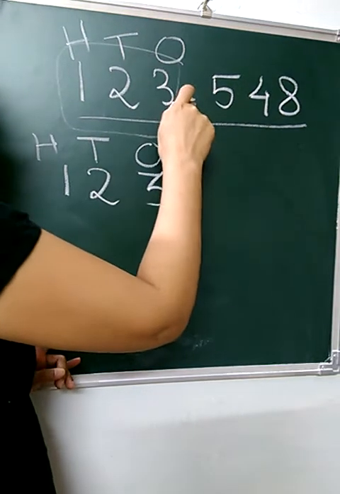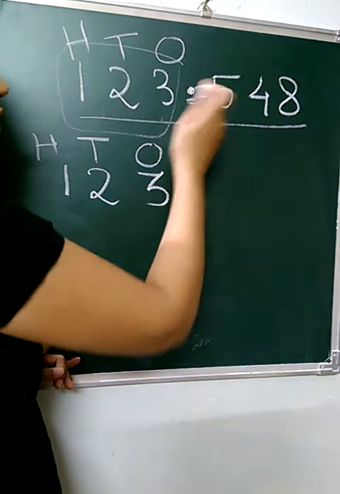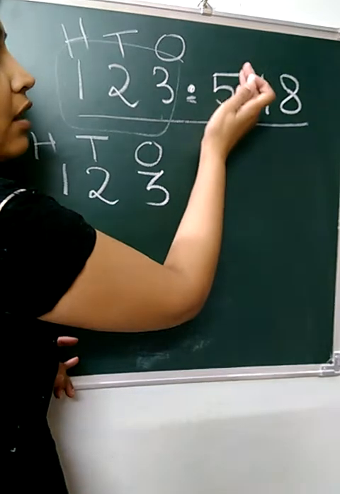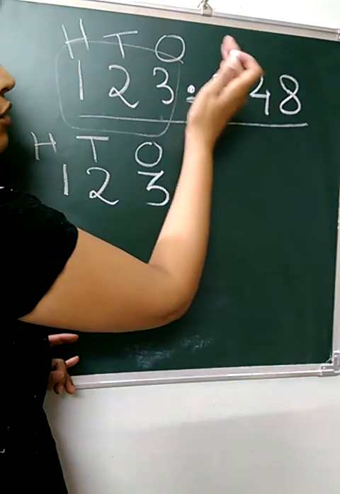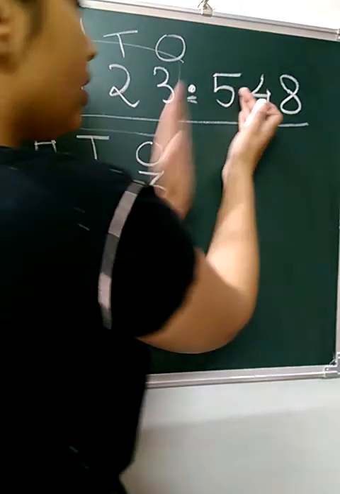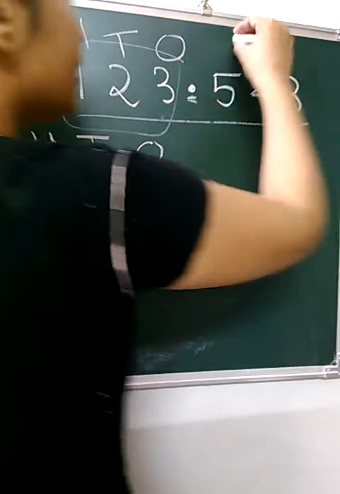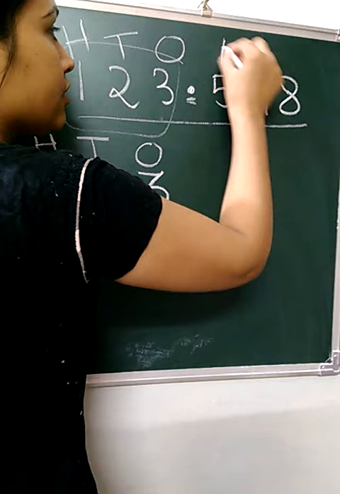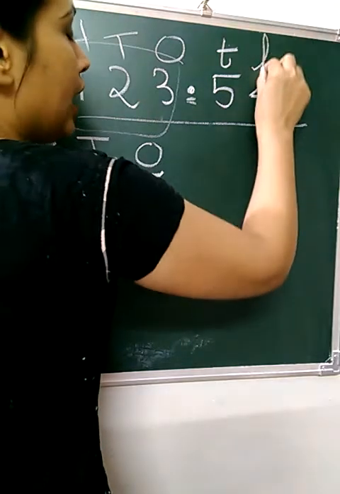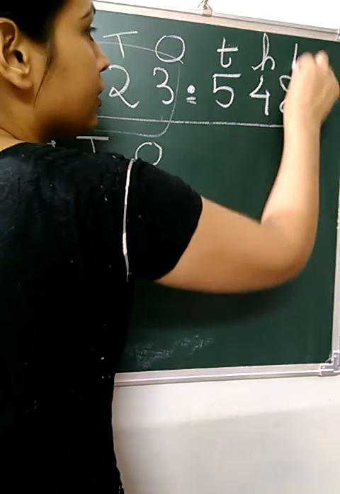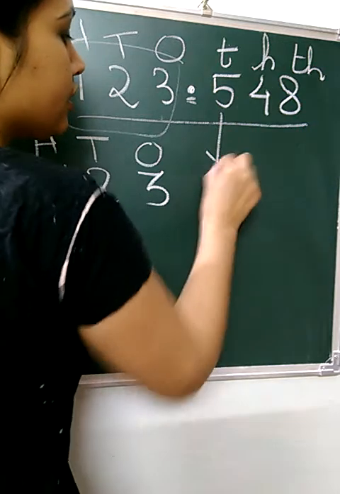And the numbers after the decimal, we start giving them places right from the first digit, that is from left side to right side. Okay, that is, this becomes tenths, hundredths, thousandths.